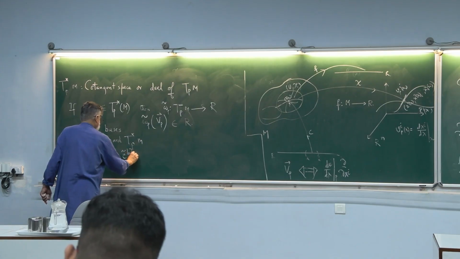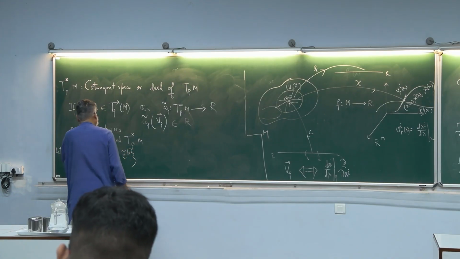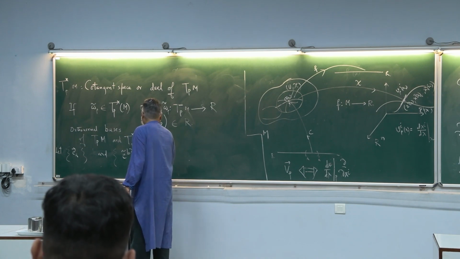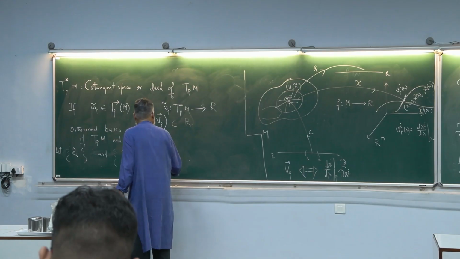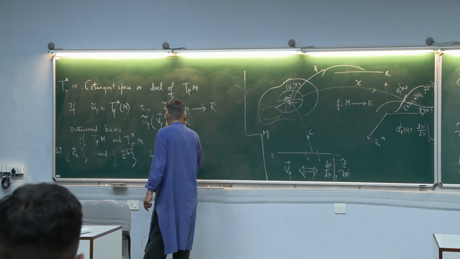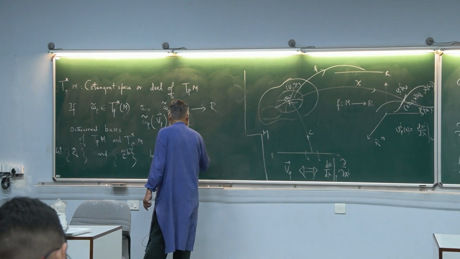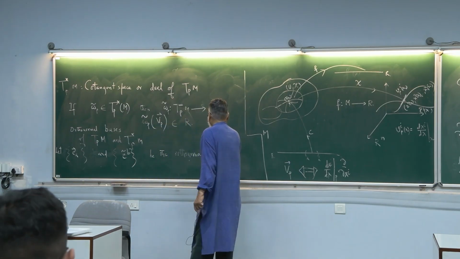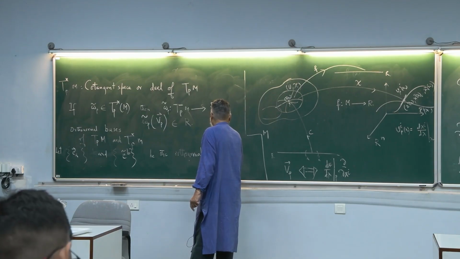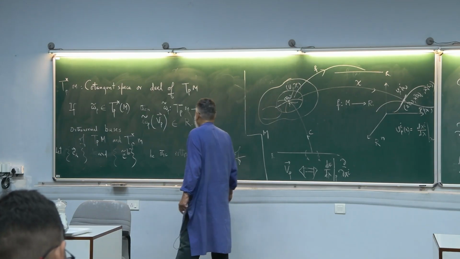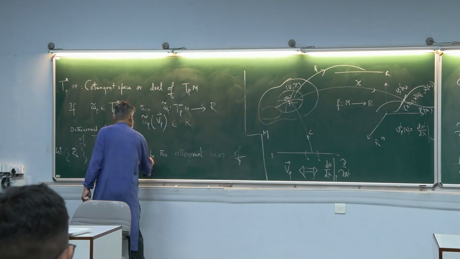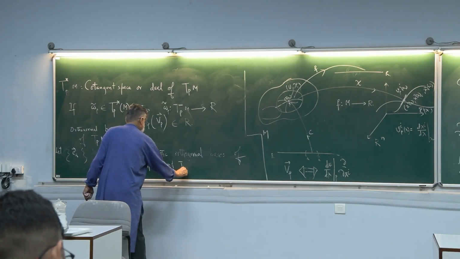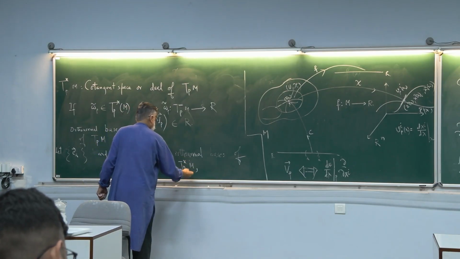Again A goes from 1 to n, B goes from 1 to n, and let them be the orthonormal bases, in plural, because there are two sets, of TPM and TP star M respectively.